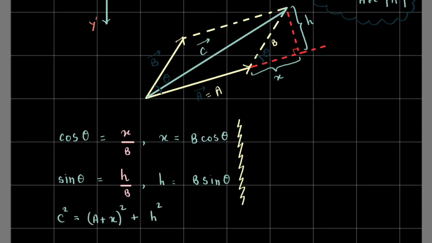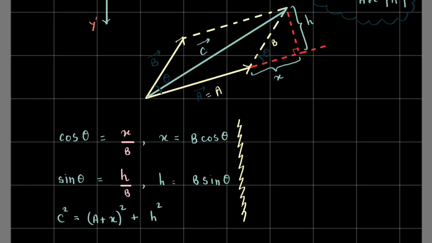H is the perpendicular. This is a right angle triangle and c is the hypotenuse. A plus x is the base. So the hypotenuse squared is the base squared plus the perpendicular squared. That's just the simple Pythagorean theorem, something we learn in the 8th standard itself. Very easy, very intuitive.